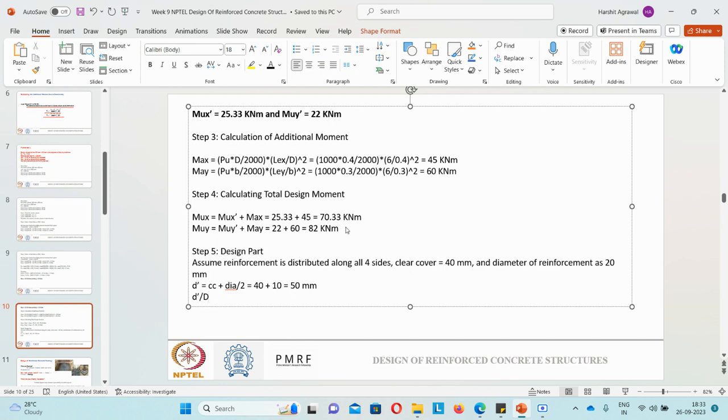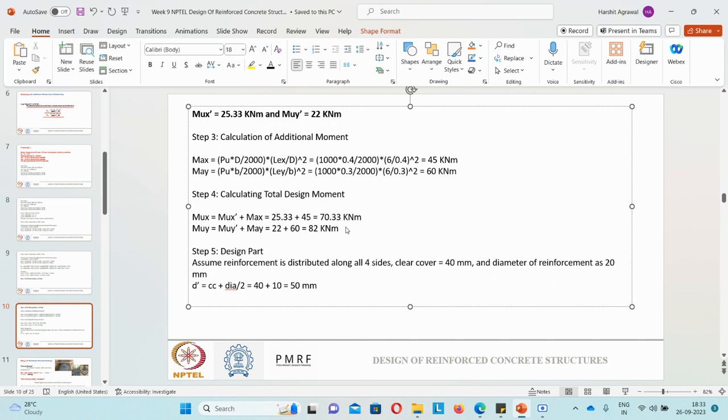Now this is simplified into our biaxial loaded case. So we know the moment that is acting. Now we need to calculate the ultimate moment along the x and y directions, and then use the formula: (Mux/Mux1) to the power alpha plus (Muy/Muy1) to the power alpha should be less than or equal to 1.